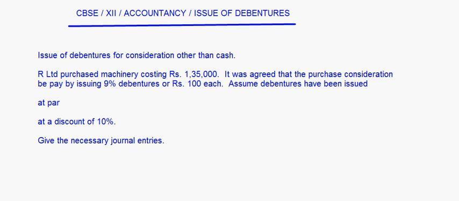Now, first of all, R Limited purchased machinery costing rupees 1,35,000. So let's make the journal entries. The first journal entry for purchase of machinery is machinery account debit to R Limited. They are the vendors, right?